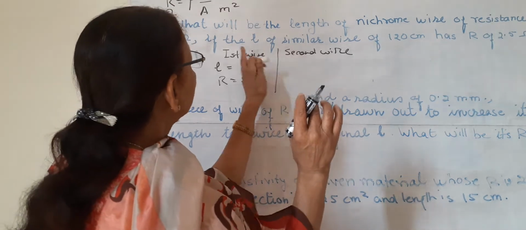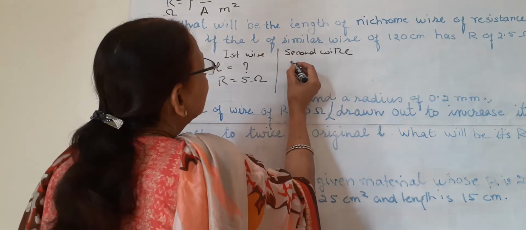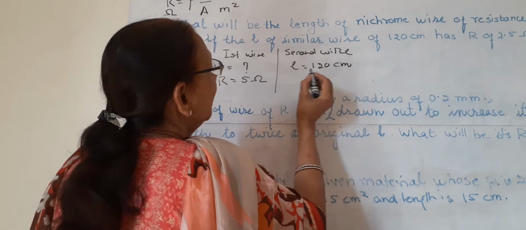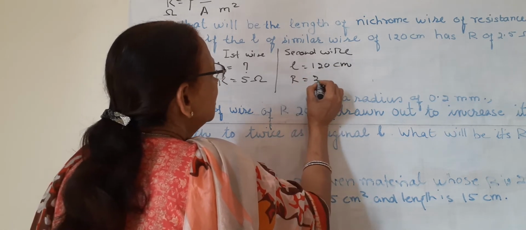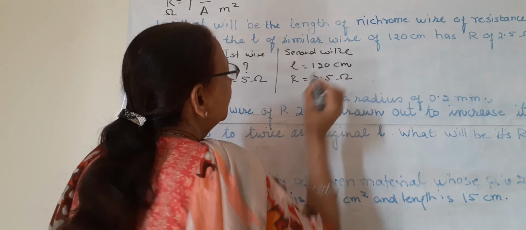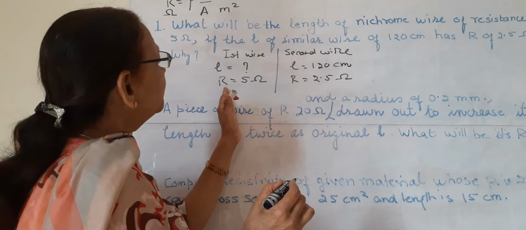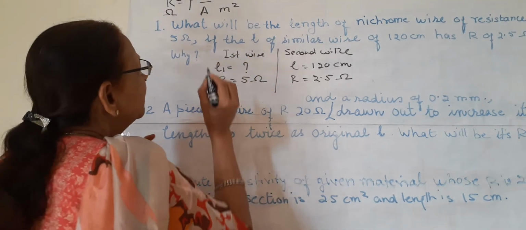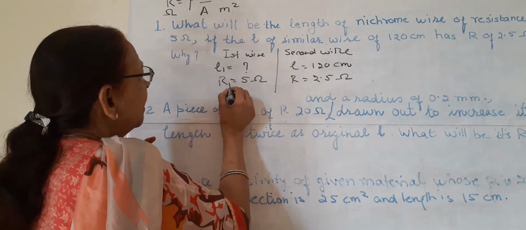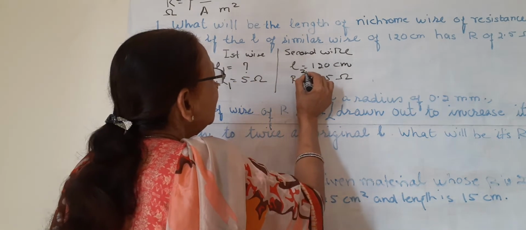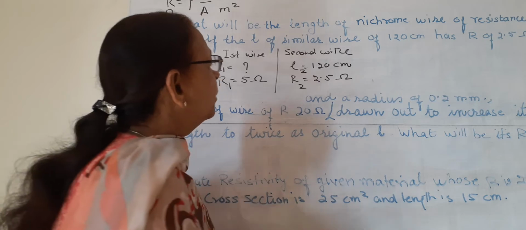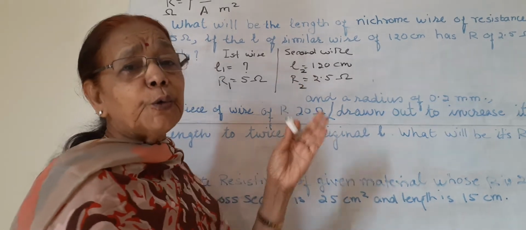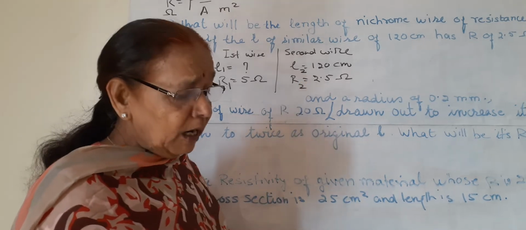So rho is same, length is 120 centimeters and R is given as 2.5 ohm. So we have to calculate L. For the first wire, we can write L1 and R1, and for the second wire, L2 and R2. These are the numericals of ratio of R1 and R2.